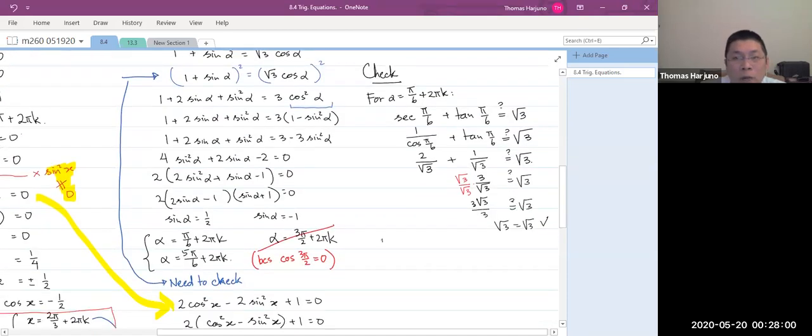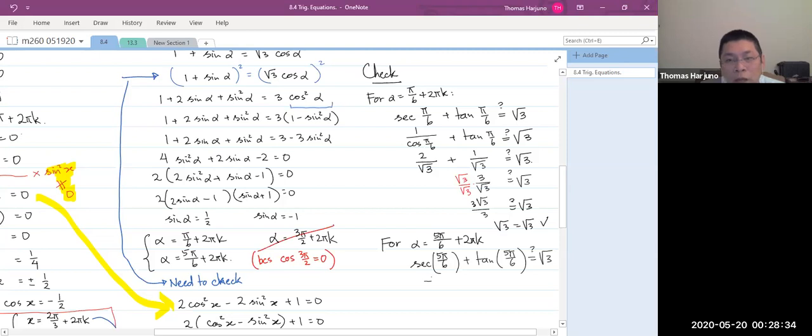Now how about alpha equals 5 pi over 6 plus 2 pi k. So secant 5 pi over 6. I don't use the 2 pi k anymore because they are coterminal. Plus tangent of 5 pi over 6, is it radical 3?